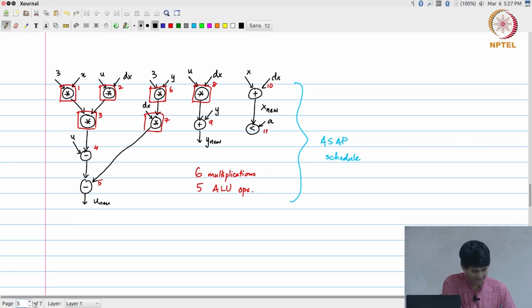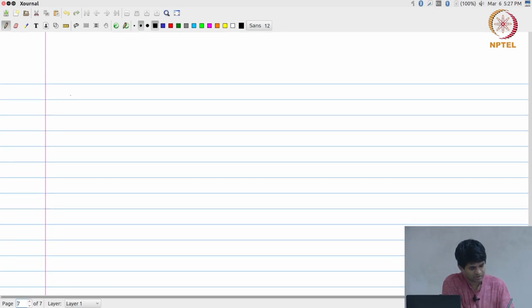Okay. So, under that constraint, how would this look? In other words, I am bringing in the concept of a resource constraint, 2 multipliers, 1 adder. Under this constraint, what kind of schedule can I come up with?